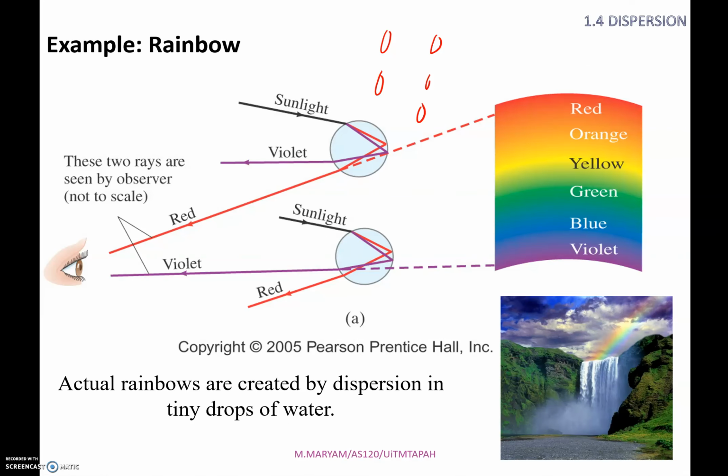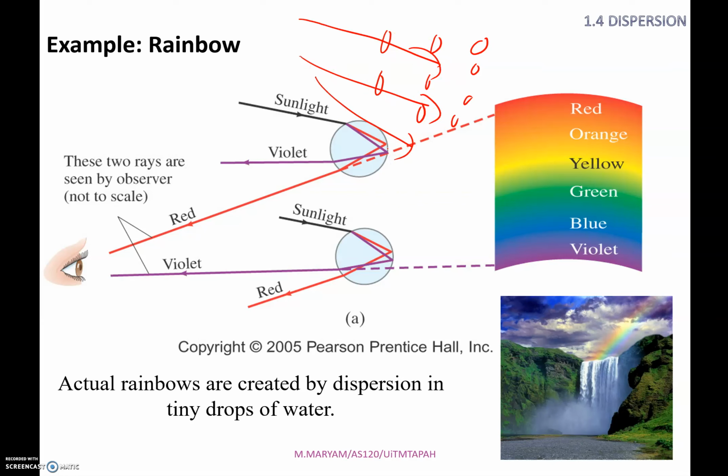I'll give you another example, which is a rainbow. Let's say it is raining. These here are rains during daylight, meaning white light is circulating around the surroundings from the sun. So the sun gives you white light, and then it shines through the droplets of water.